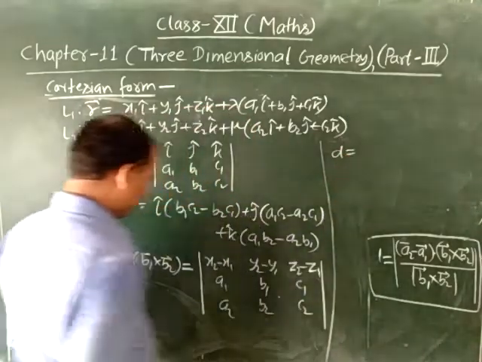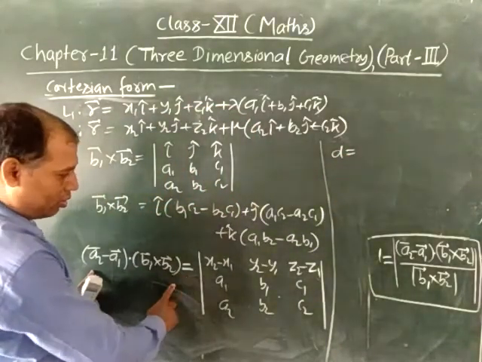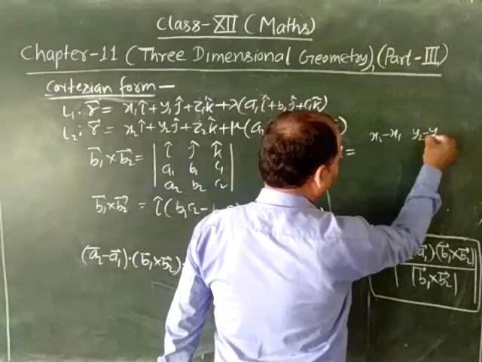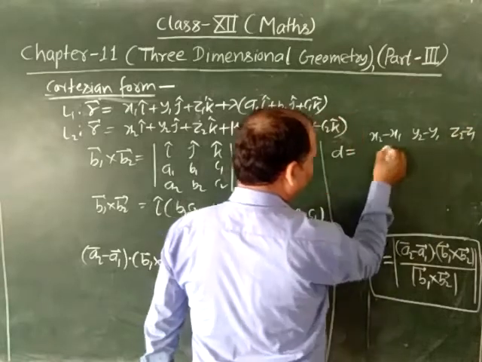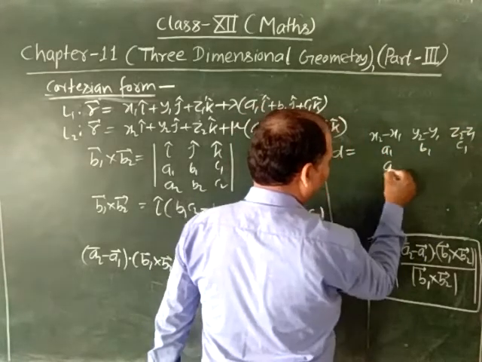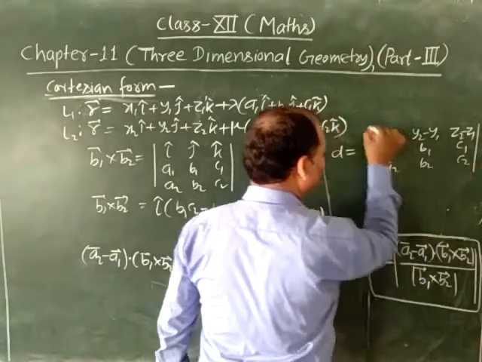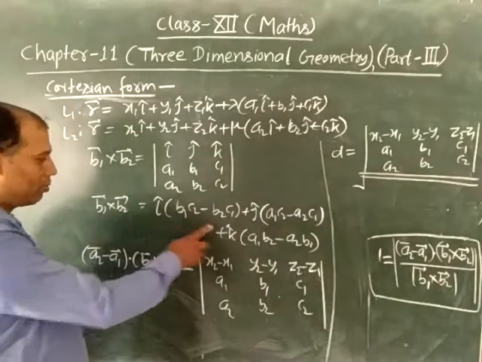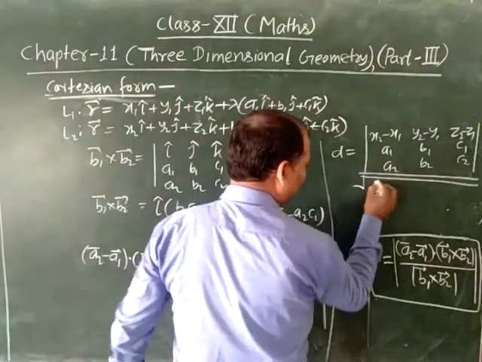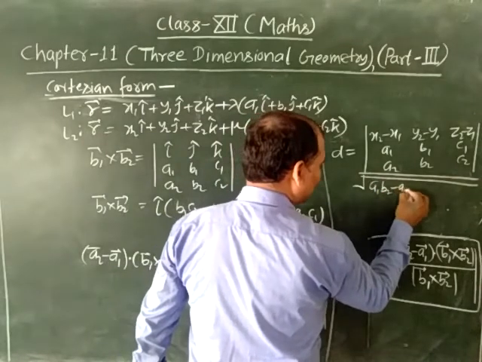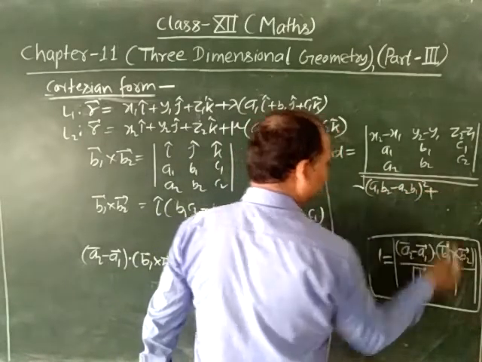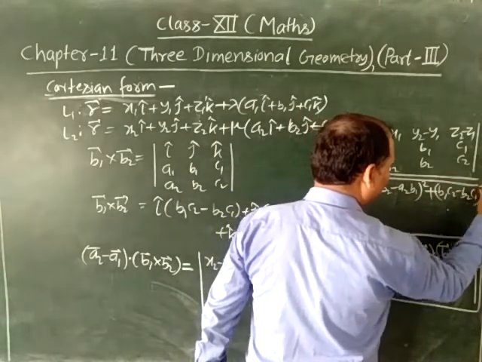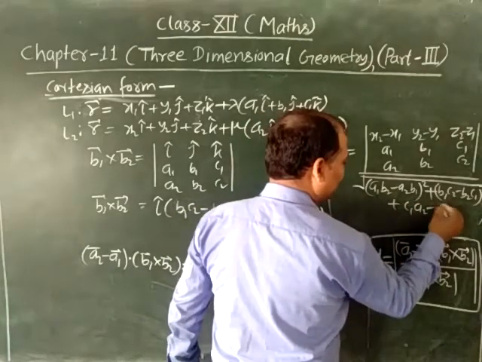D equal to modulus of the determinant x2 minus x1, y2 minus y1, z2 minus z1, a1 b1 c1, a2 b2 c2, divided by under root of modulus of b1 cross b2, which becomes (a1 b2 minus a2 b1) square plus (b1 c2 minus b2 c1) square plus (c1 a2 minus c2 a1) square.